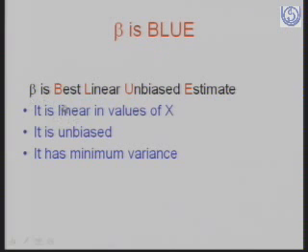Then secondly, it is unbiased. That means on an average, if you take the expected value over all possible samples, you will get the population parameter, the actual value of beta, from the betas obtained in all samples. A third property is that it has the minimum variance.